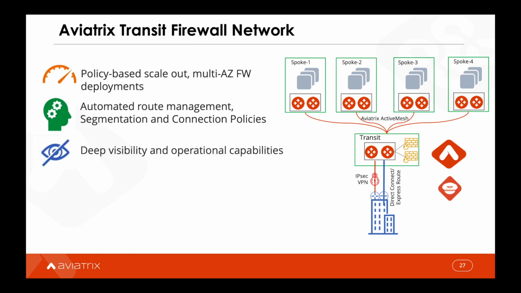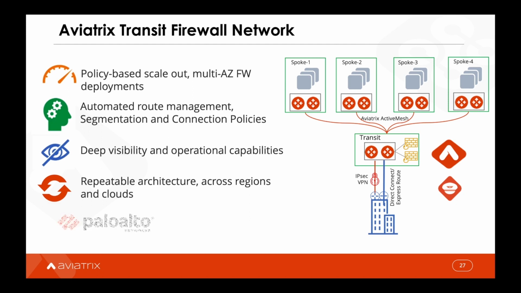Just because there are multiple layers of security, such as encryption as well as inspection with a next-gen firewall, doesn't mean you have to sacrifice visibility. Copilot will still be able to provide deep visibility and operational capabilities. The entire architecture repeats itself, whether it is within a region, across a region, or across clouds.